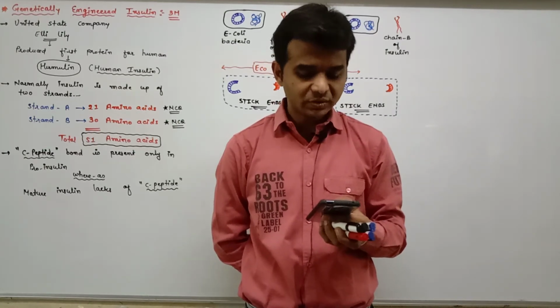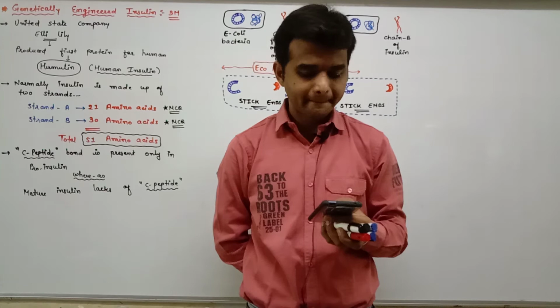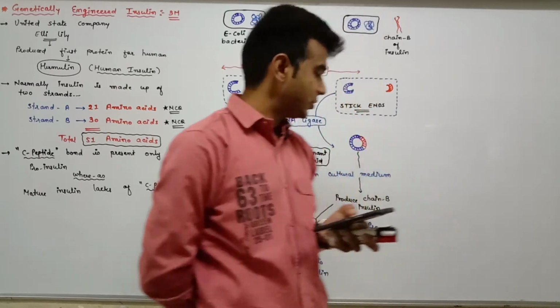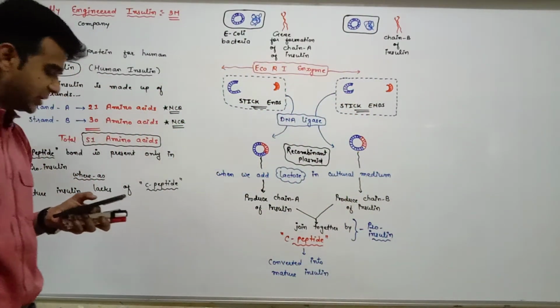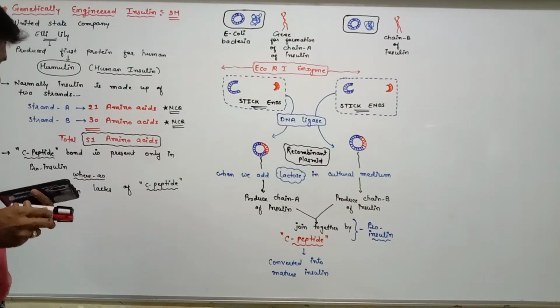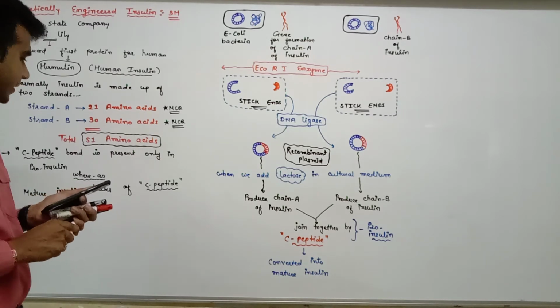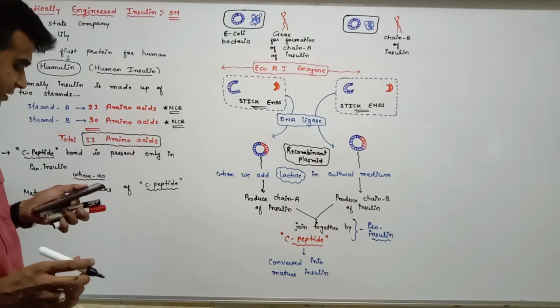Insulin consists of two strands, chain A and chain B. Yes, in mature insulin, you remember that chain A and chain B are joined together by disulfide bond. Okay, so please note down.